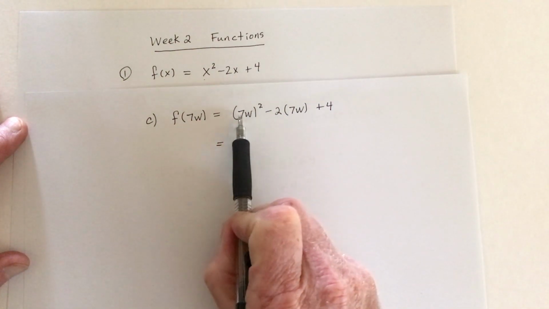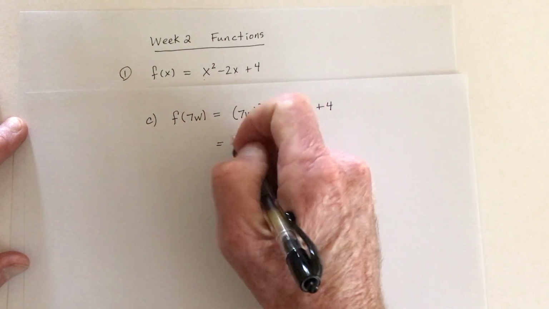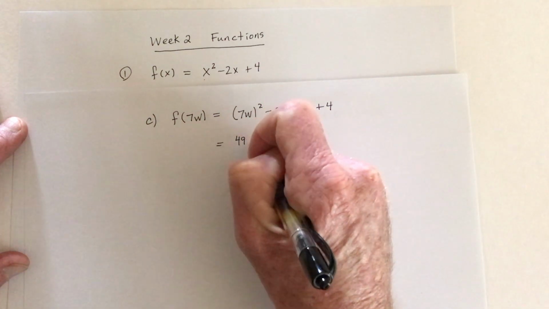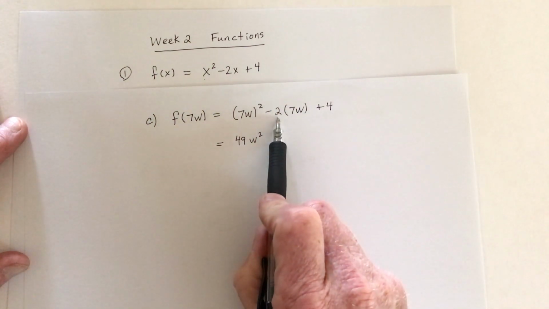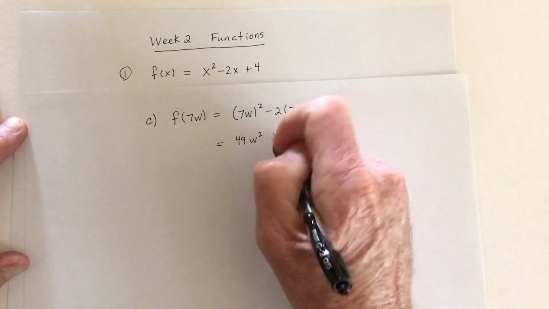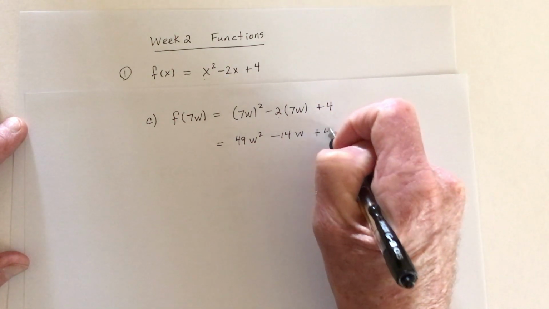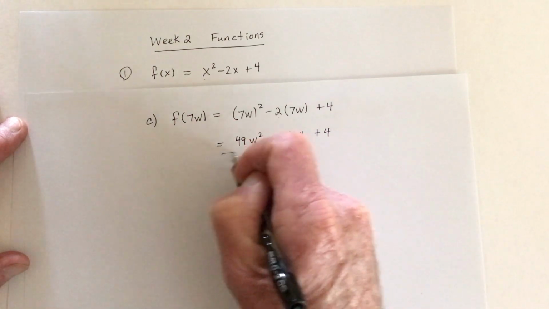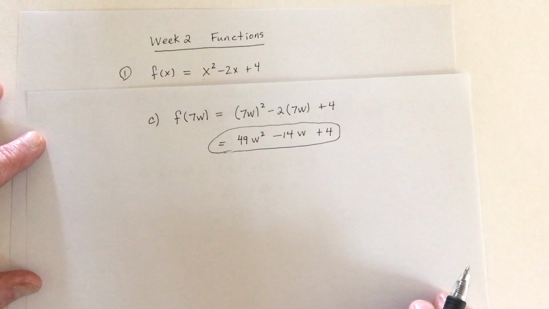So both of these things need to be squared. 7 squared is 7 times 7, 49, and then the w gets squared. In here, a negative 2 times a 7 will be negative 14 times w, and then plus the 4. And there are no terms to combine, so that one is finished right there.